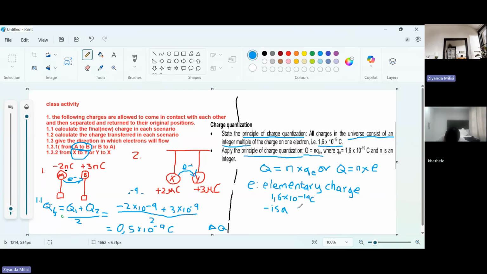Did you get that? It is the charge of a proton or electron.